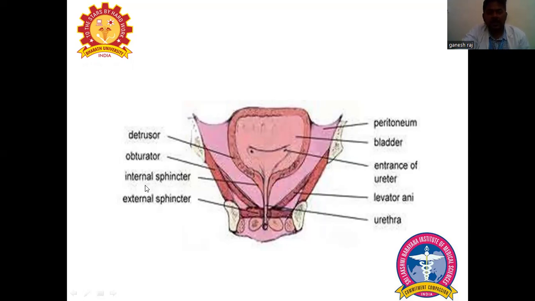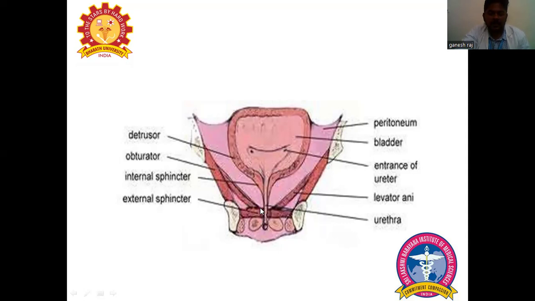Only once it relaxes will urine from the bladder enter the urethra. It also acts as a one-way valve: it allows urine to flow from the bladder into the urethra, not from the urethra back to the bladder.